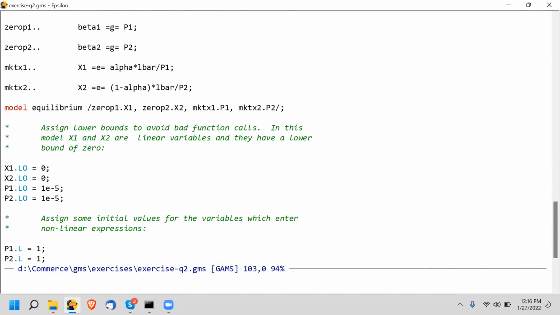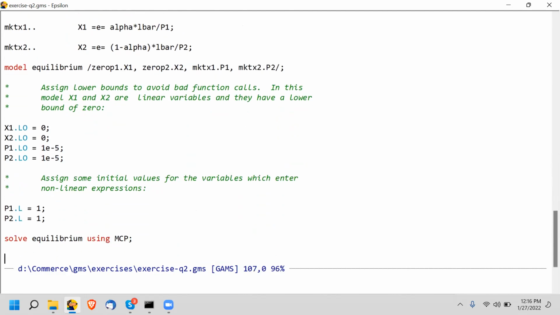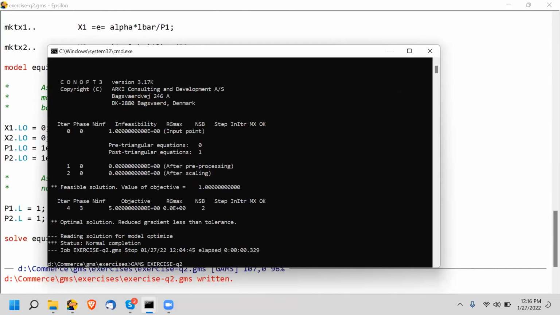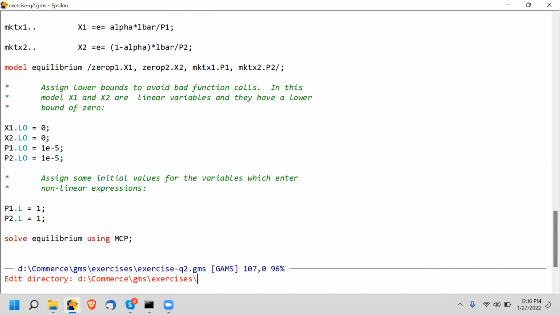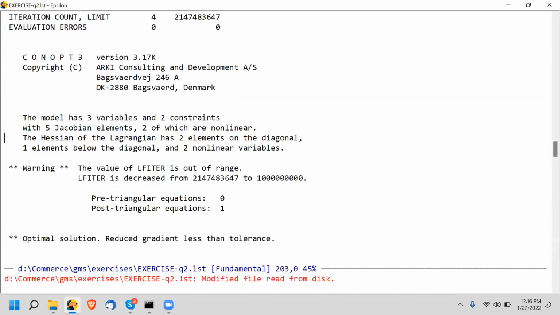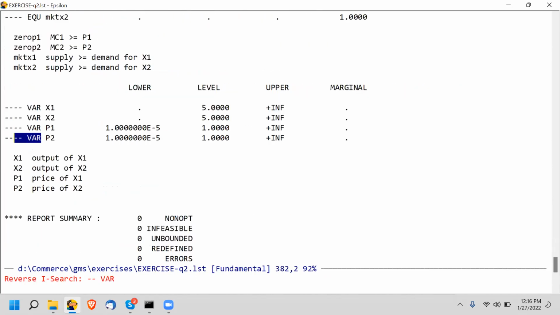The equations are defined, the model is declared as an equilibrium problem, the equations are associated with variables, and there's the solve statement. There's my command line. And there it's solved. And there's the listing file.